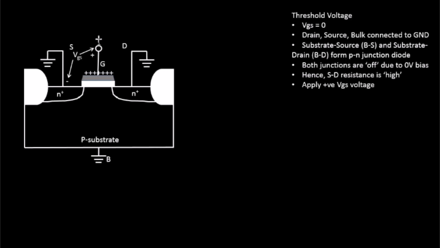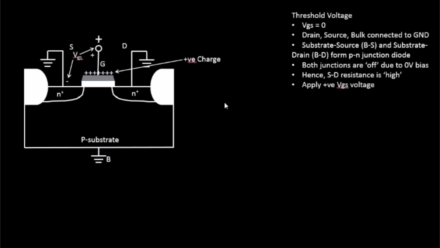This positive voltage will be applied to one of the plates of the capacitor, which is the polysilicon gate or the metal gate. So all the positive charges will have an impact on this plate, and this plate will become positively charged. So this area of your capacitor will become positively charged.